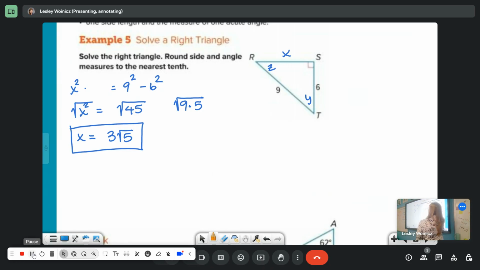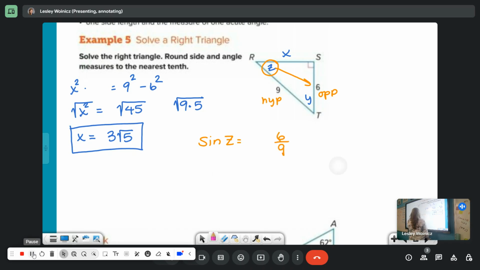Okay. Which one do you want to find first? Y or Z? Z? All right. It's an odd choice, but we'll go with it. So if I'm looking at Z, I have obviously the hypotenuse, and then I have the opposite side, 6. So, we know that the sine of Z is 6 over 9.